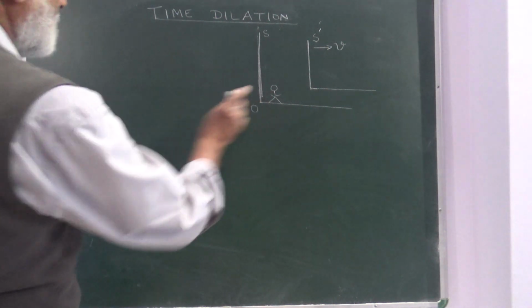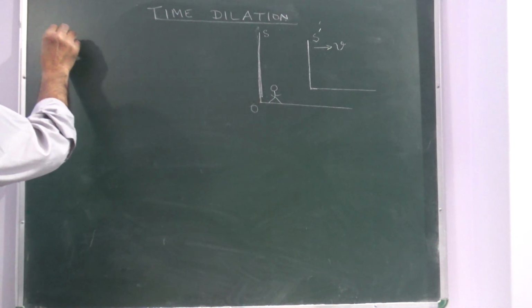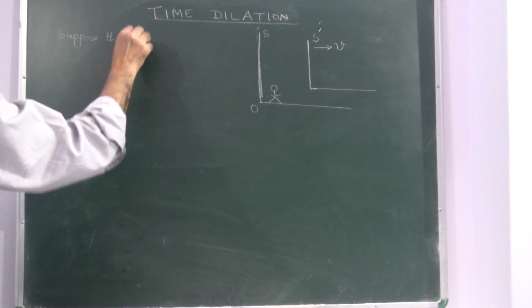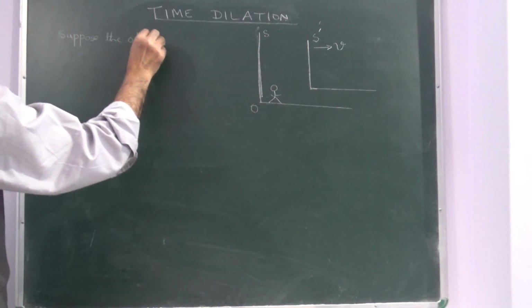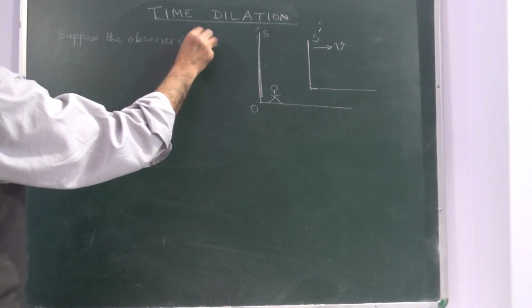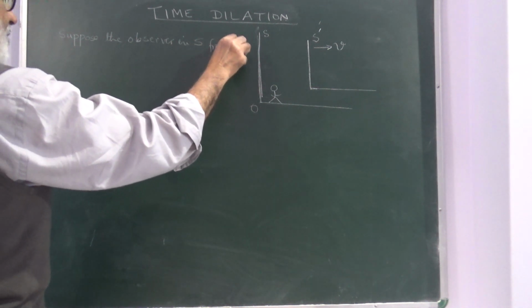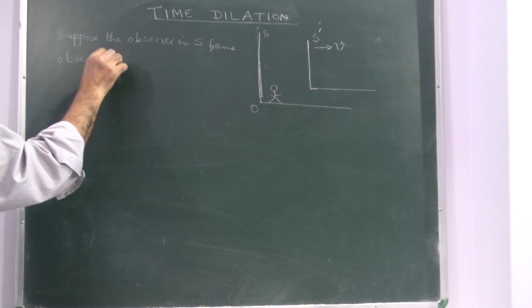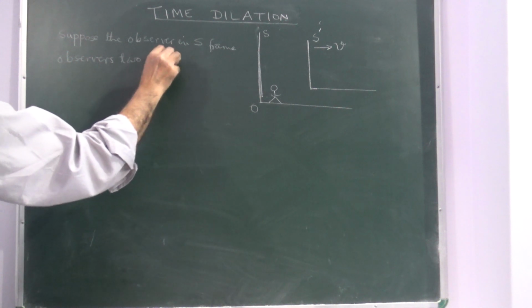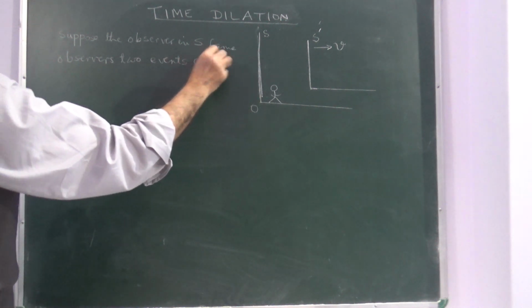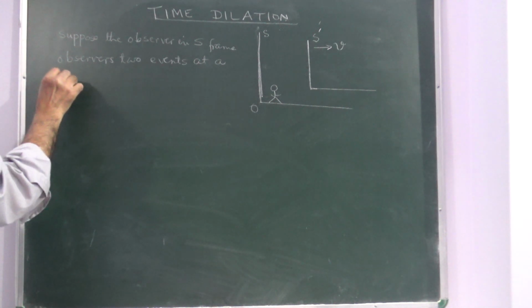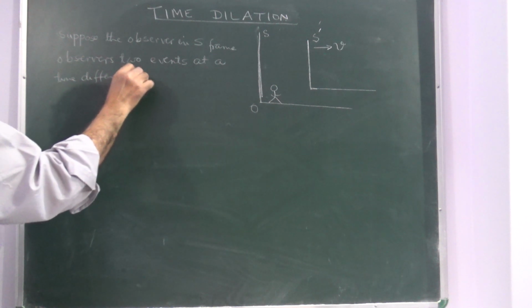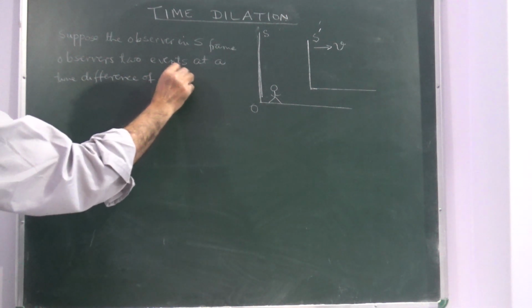Suppose the observer in the S frame observes two events at a time difference of delta t.